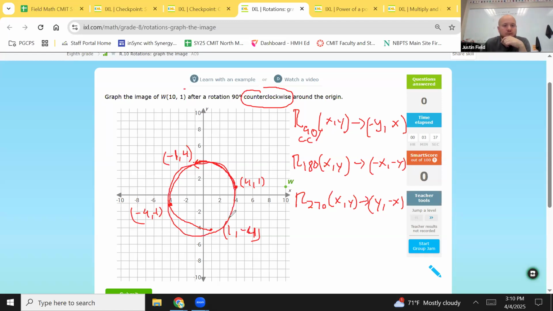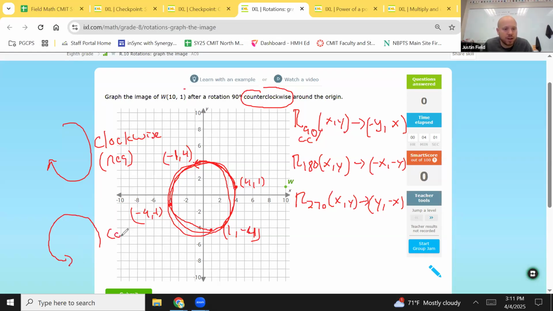If you look at the clock and the way that the second hand is moving, that is clockwise. So I'm going to write that down here. Clockwise in rotations is negative, and counterclockwise is the other way, and that is positive.